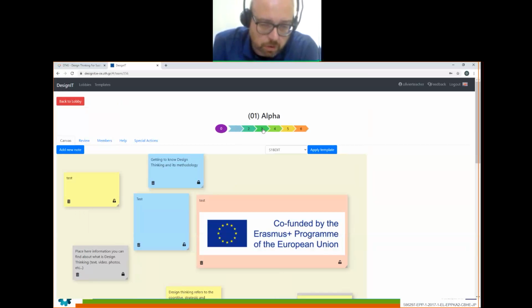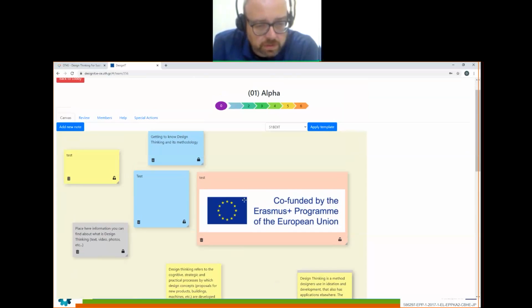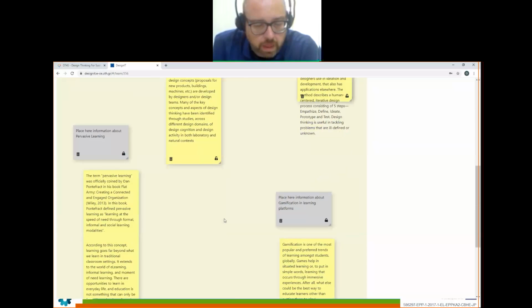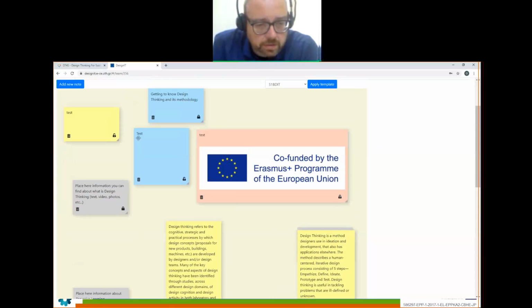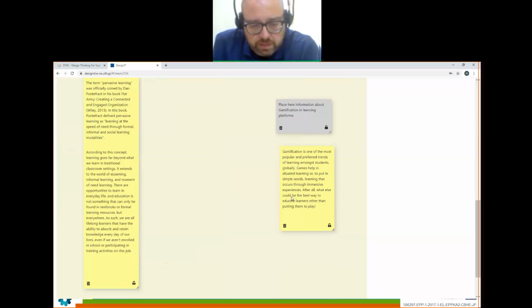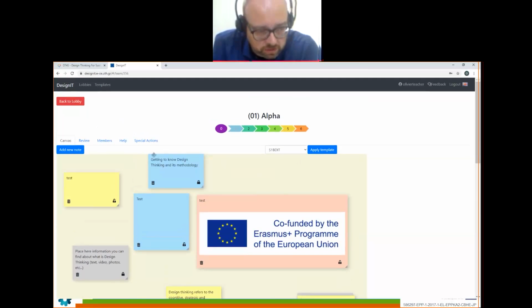Usually those steps can correspond to the design thinking process. So you will have 1 as empathize, 2 as idea, etc. But that is completely dependent on the teacher. You can have as many steps as you want, basically. And what happens is that the teacher is prepping the actual work here, and the students are filling up this wall with what they found and their own discoveries.